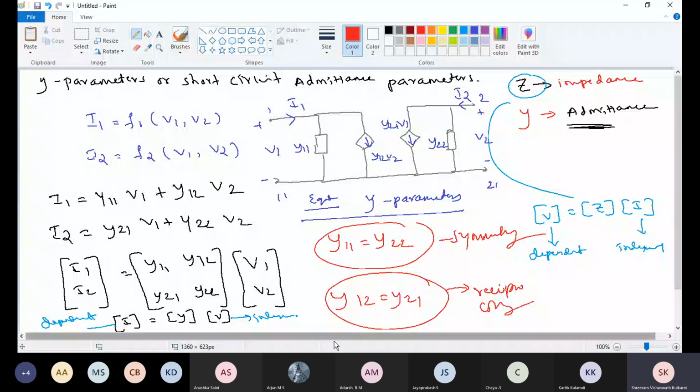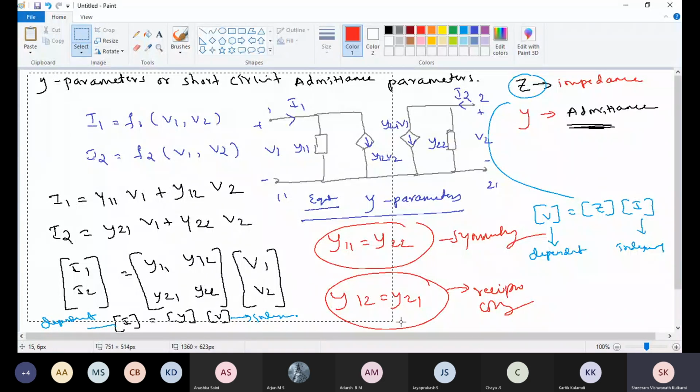Now the relations between Z parameters and Y parameters. There are two derivations: Z in terms of Y, and Y in terms of Z. Derivations, I'll post in Google Classroom.